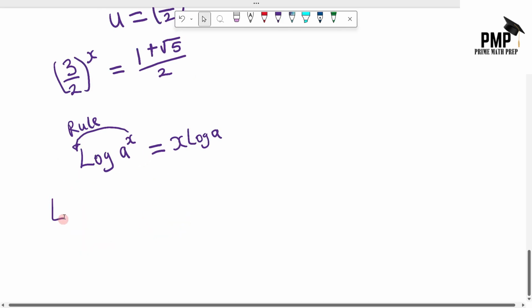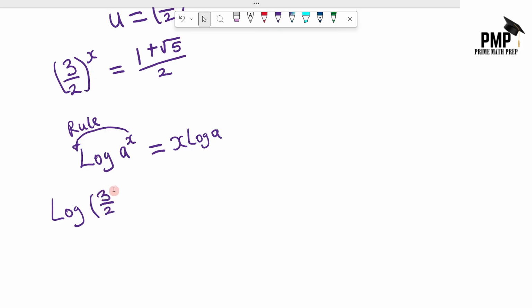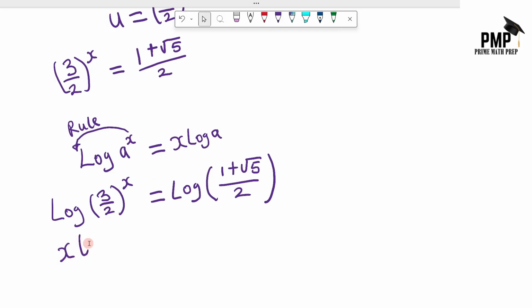This is log (3/2)^x equal to log (1 + √5)/2. Applying this logarithm rule here will give us x log (3/2) equal to log (1 + √5)/2.